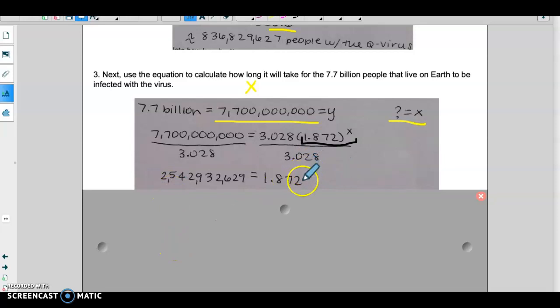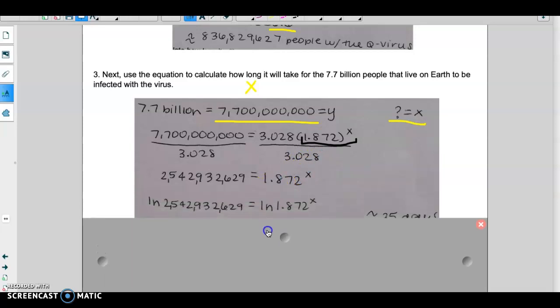How do I get this variable out of the exponent? Right, 5.4, we learned to take the ln of both sides, right?